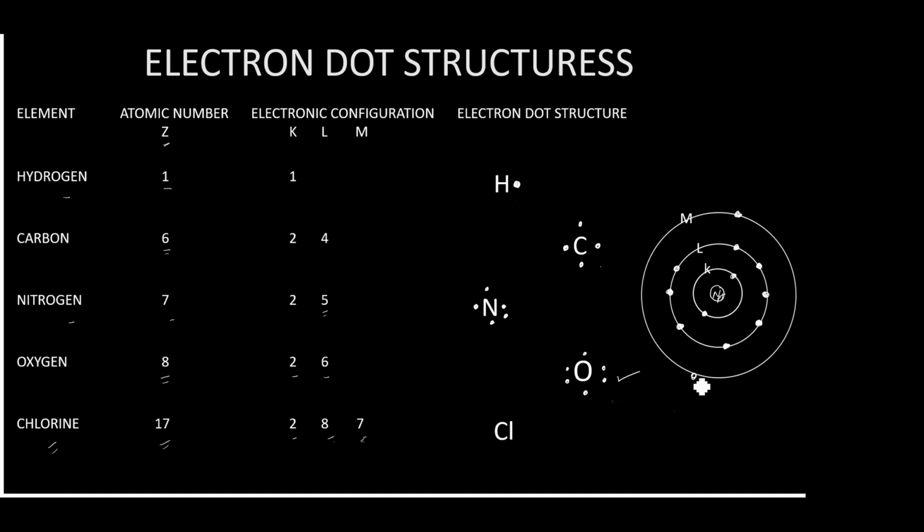So 7 electrons are present in the valence shell, and these electrons are shown by dots, 1, 2, 3, 4, 5, 6, 7. So this is the Lewis dot structure for chlorine. In the Lewis dot structure, the electrons are shown by dots.